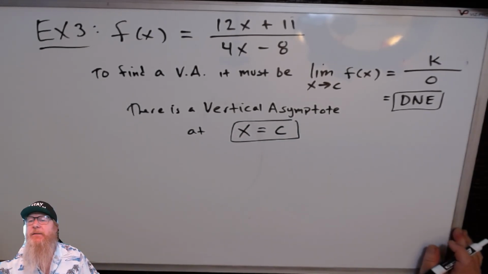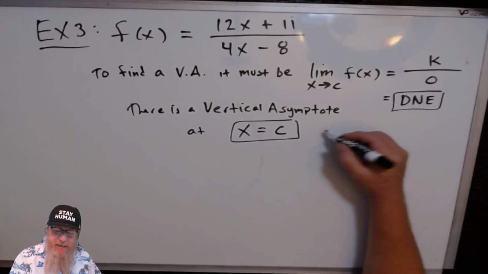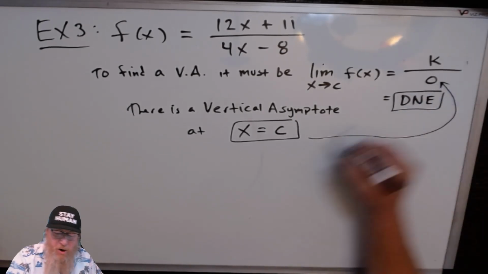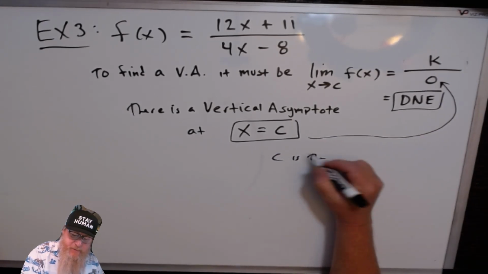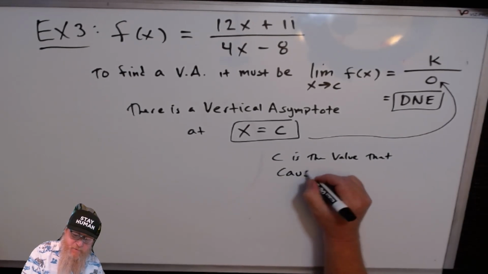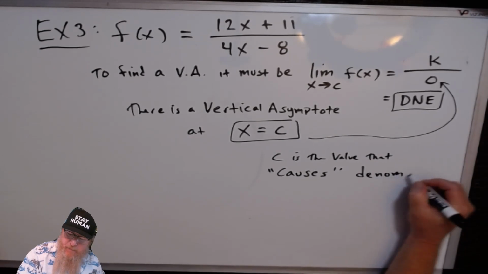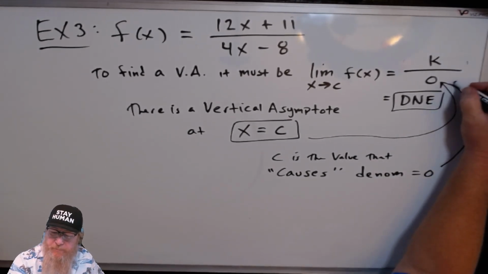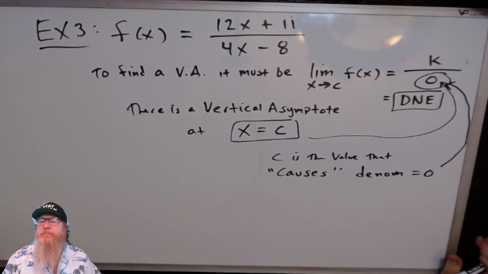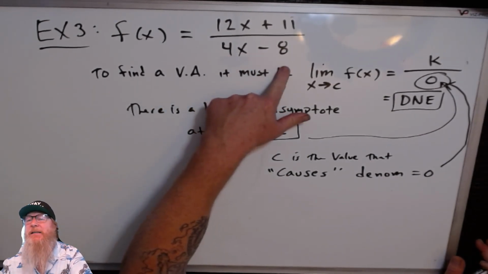All right. Typically, what is c? c is the number that causes the denominator to equal 0. So look at this example here: 4x minus 8.